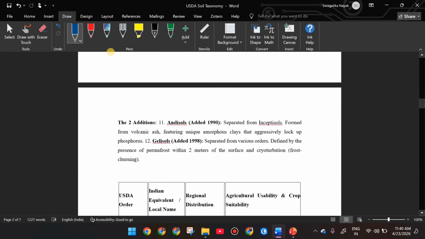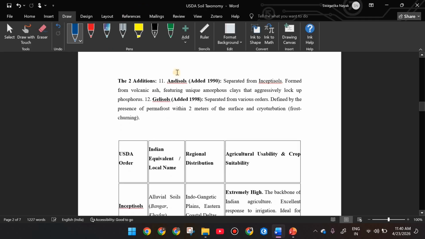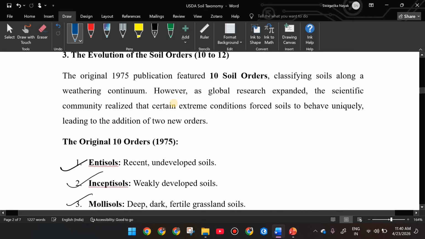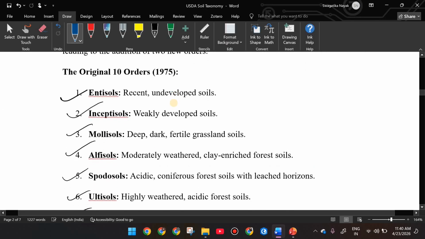And then we have two additional soils, that is Andisol and Gelisol. So in this video, we are going to study all these soil orders.